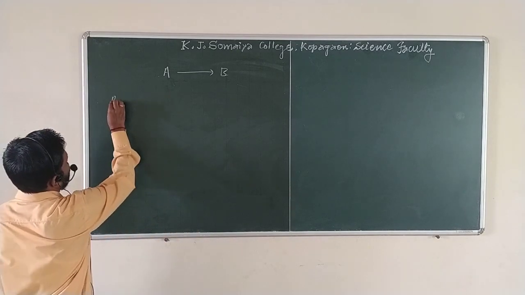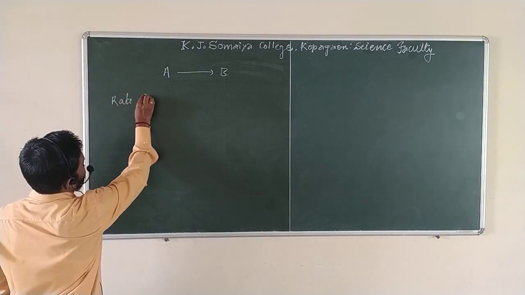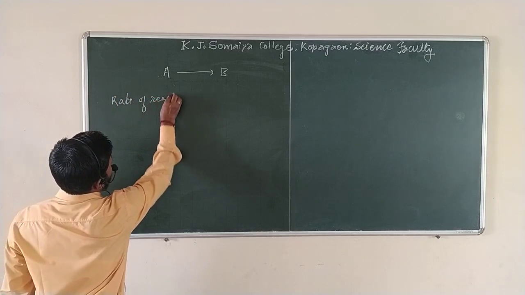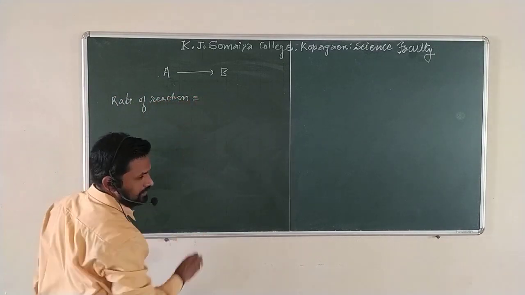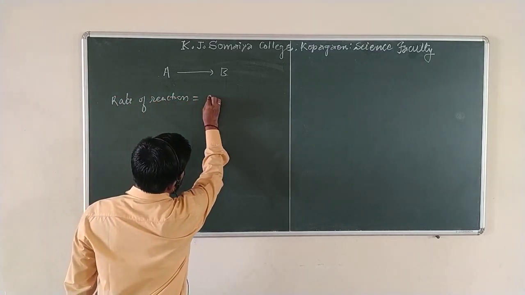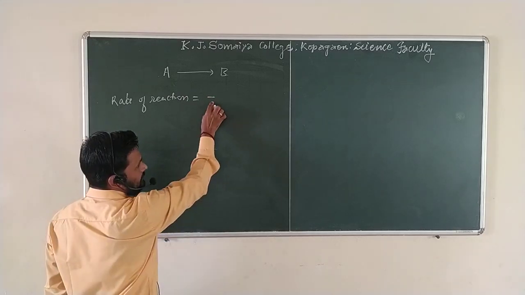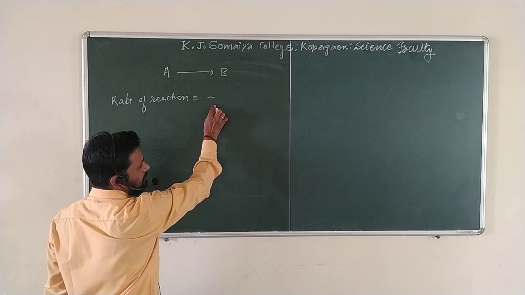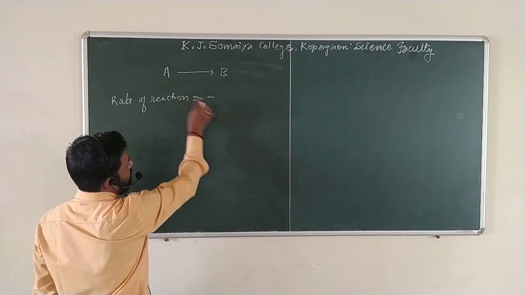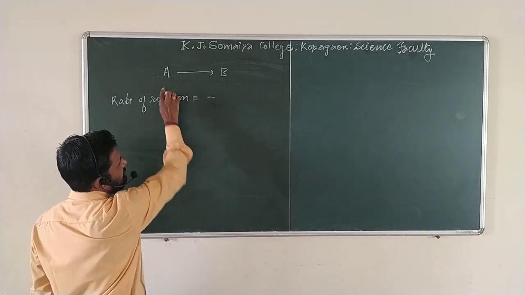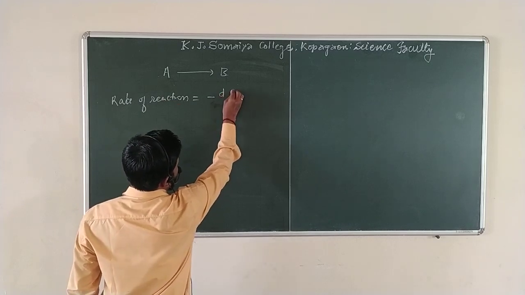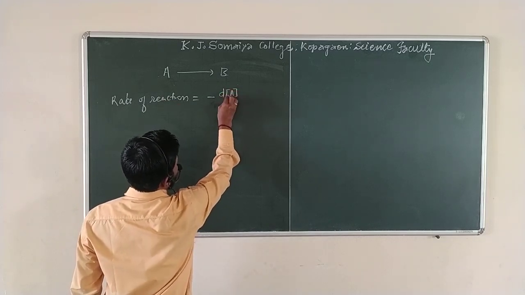Now, the rate of a reaction can be written as minus d[A]/dt, equal to d[B]/dt, the concentration of products divided by dt. I hope you understand why I am writing the negative sign here. Whenever I write the negative sign, it indicates a decrease in the concentration of reactant molecules.